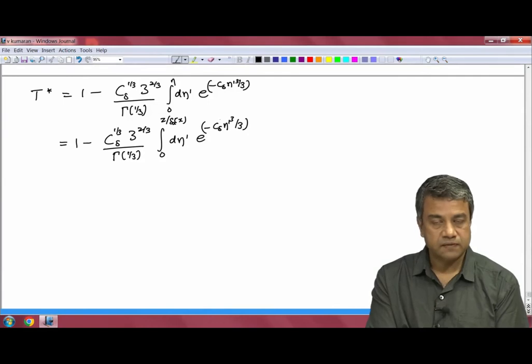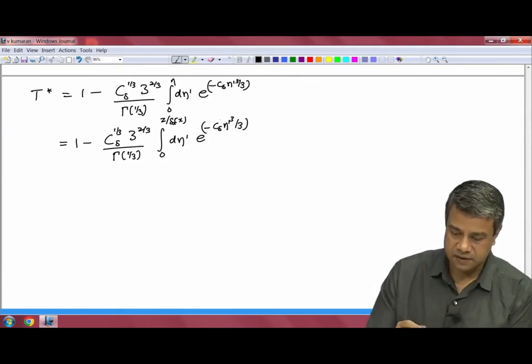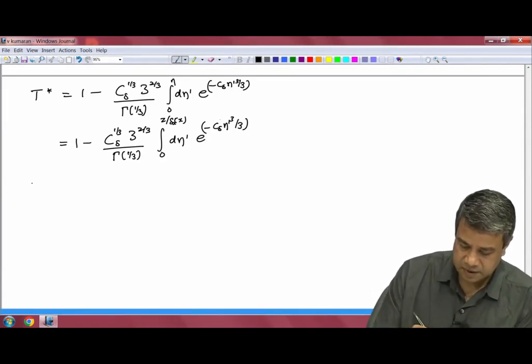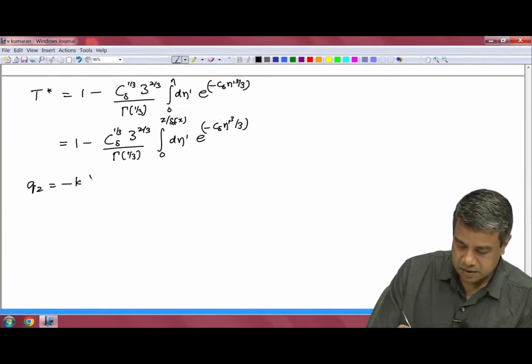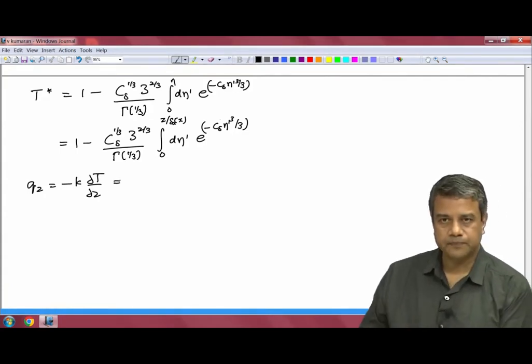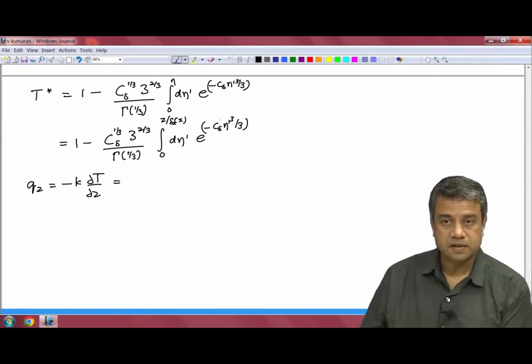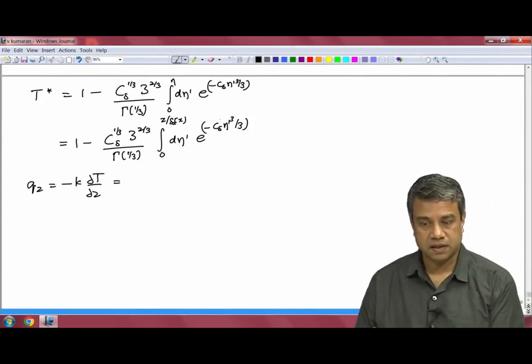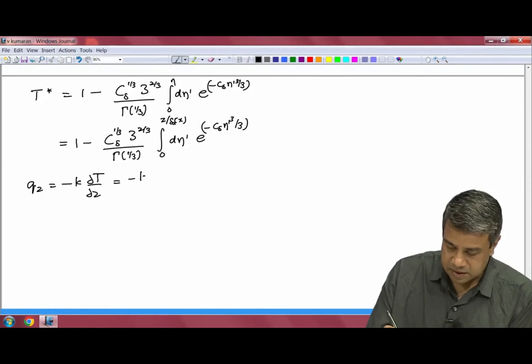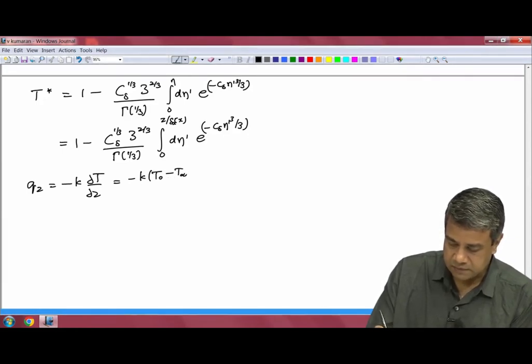And what is the heat flux at the surface? The heat flux at the surface is going to be Qz equal to minus k partial T by partial z. I can express this in terms of T star, the scale temperature, minus k into T naught minus T infinity.